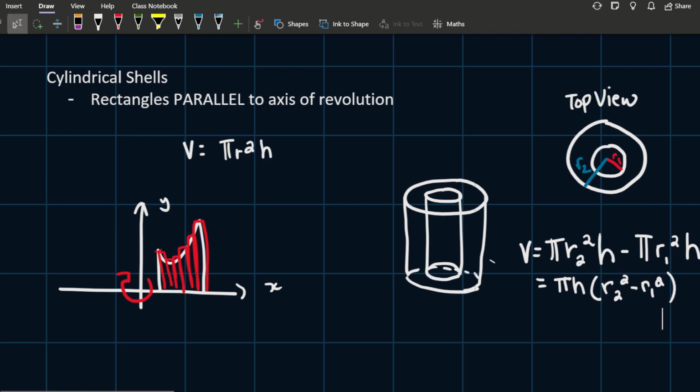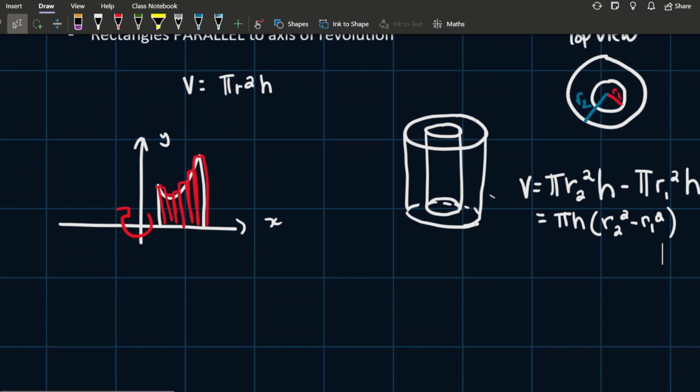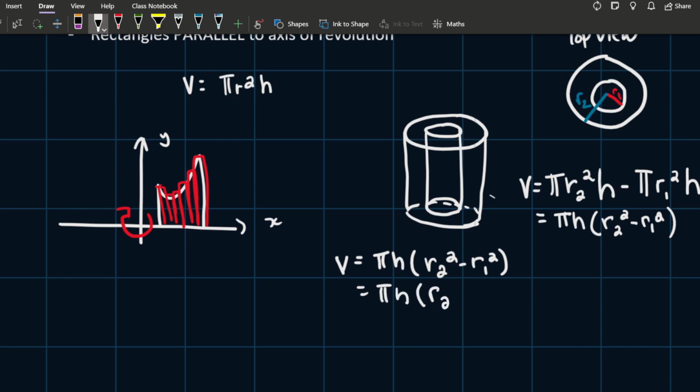Now, we will make use of the fact that this part here is actually a difference of two squares. So, pi h times R2 squared minus R1 squared. So, difference of two squares yan. Pwede nating i-factor out as R2 plus R1 times R2 minus R1.